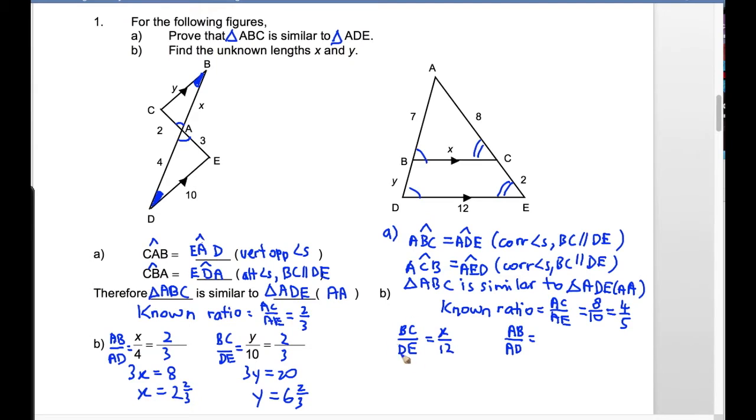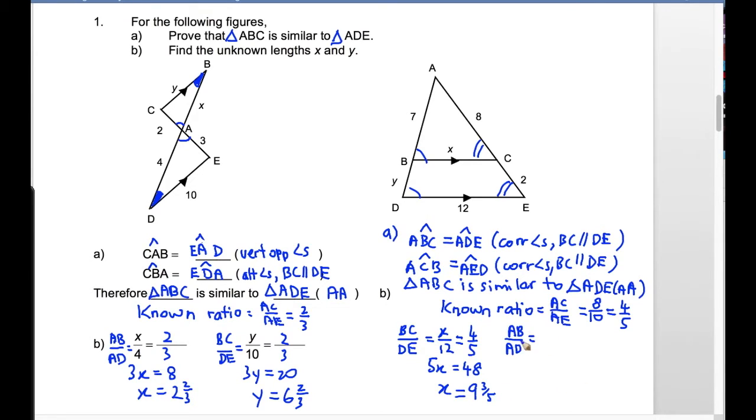Thus, the corresponding sides BC over DE, or x over 12, will be equal to the same ratio. And cross multiplying, we have x is 9 and 3/5.